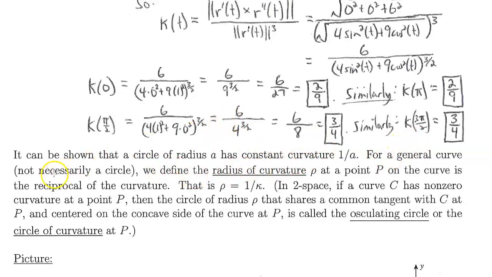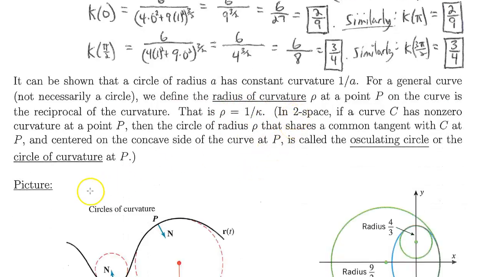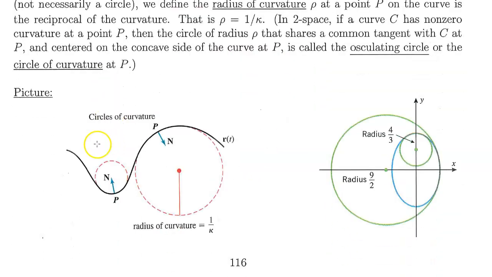For a general curve, though, not necessarily a circle, a curve that's just winding around, we define the radius of curvature, rho, at a point P on the curve to be the reciprocal of the curvature. So rho, or the radius of curvature, is 1 over kappa. But let's look at this picture. We have this curve, in black, that's winding around, and it doesn't really say which direction the curve is going, but actually it doesn't matter as far as the curvature goes.